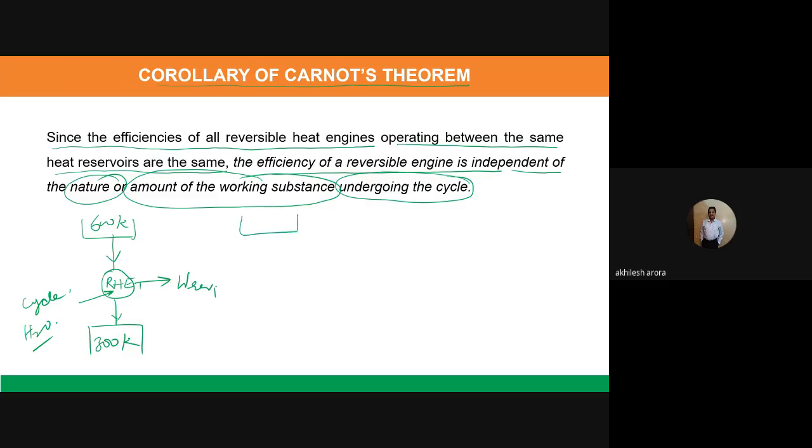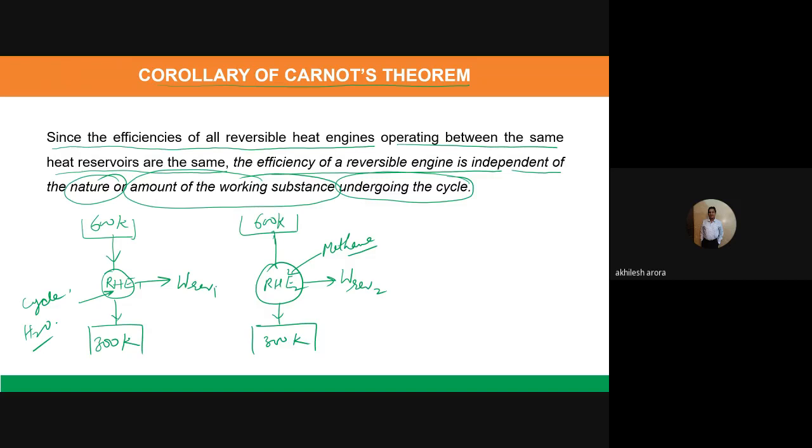I take another heat engine which is also working between 600 Kelvin, and let us call this reversible heat engine 2. It is working at a lower temperature of 300 Kelvin, and this is W reversible. And once again, this reversible heat engine cycle is working on, let us say, methane. Now, what did Carnot say?